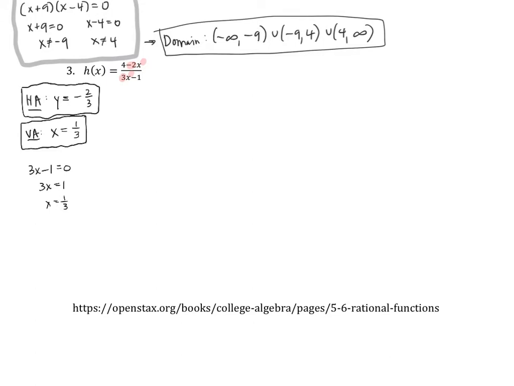So this means that x can be everything except 1/3. So the domain is going to be -infinity to 1/3 union 1/3 to infinity. Okay, so there is the domain.